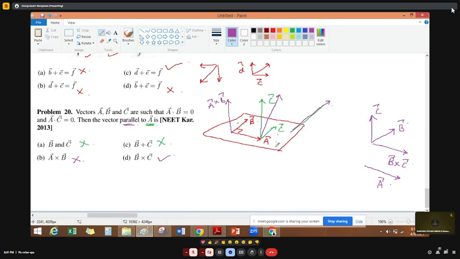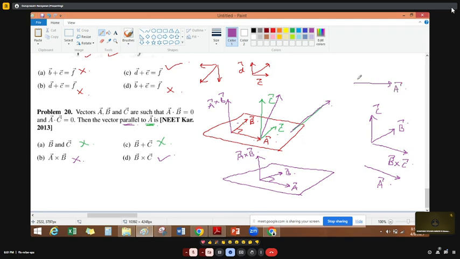Whenever you have to do three-dimension, the first step I would recommend is to draw a plain sheet like this. Only then can you draw A here, B here, at 90 degrees like this. Only then you can show A cross B like this. This is A, this is B, so this is A cross B, and you can imagine it.